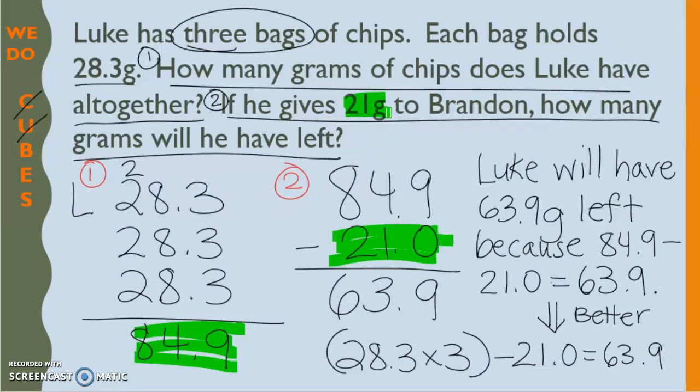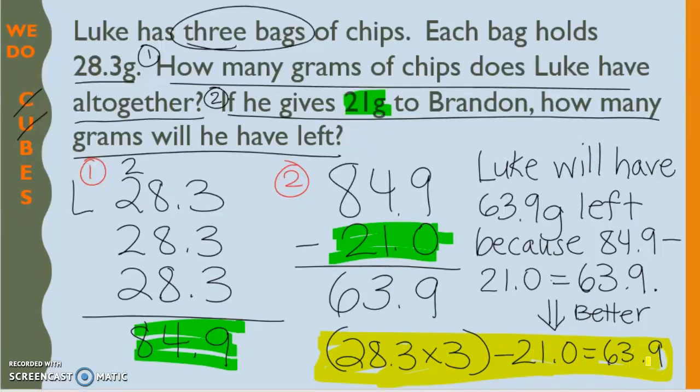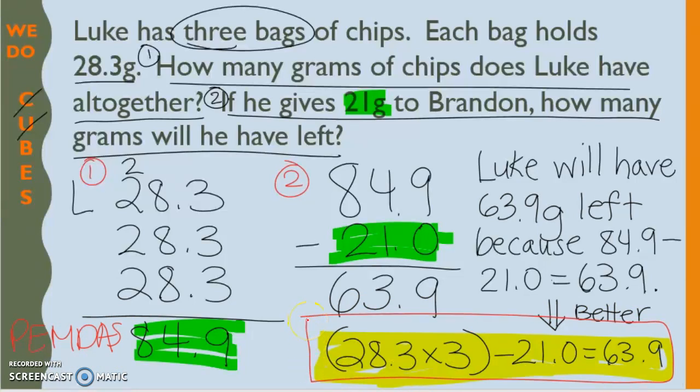Now, a better answer, boys and girls, would have been to say this. 28.3, or 28 and 3/10 times 3 in parentheses, and then minus 21.0 equals 63.9. Please don't forget that one of our biggest focuses in 5th grade is being able to use PEMDAS and write expressions like the one below. This is actually the best way to express the problem that we solved.